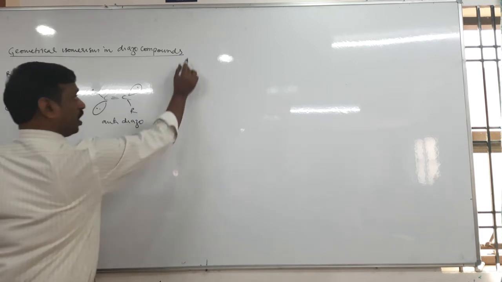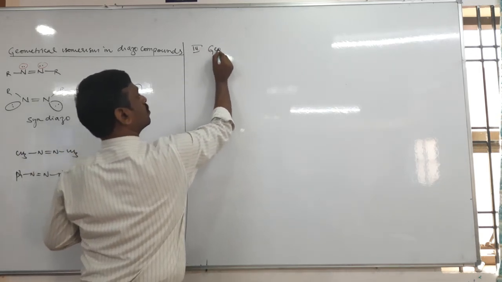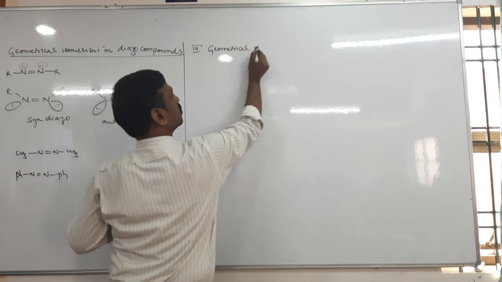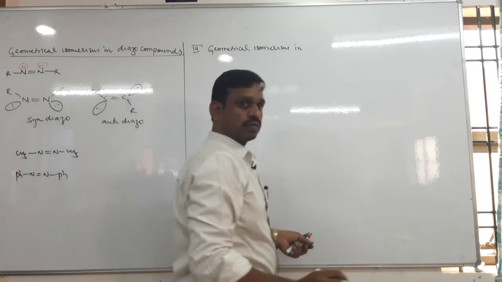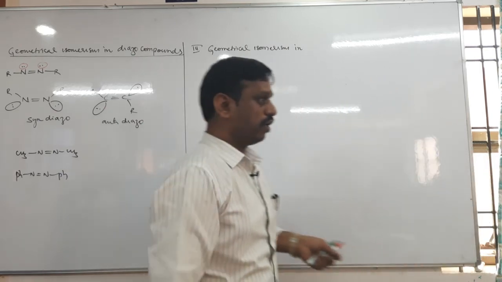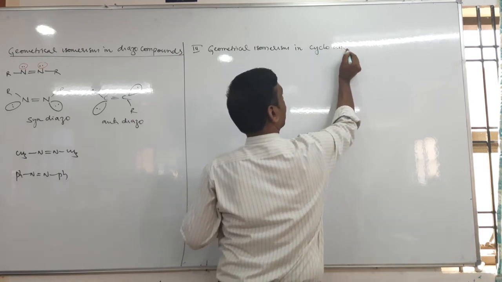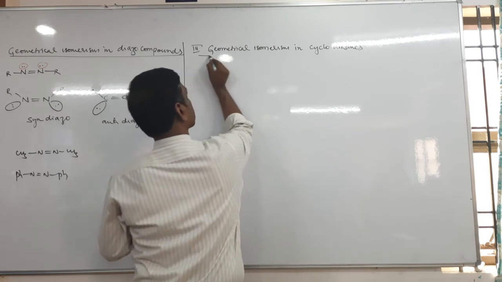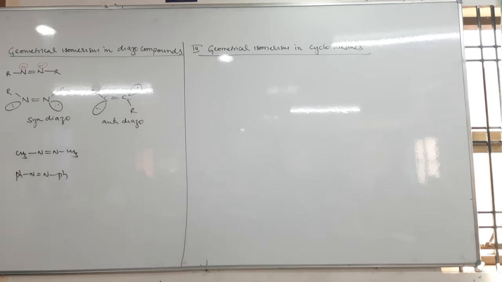Next, geometrical isomerism in which compounds? Cyclic compounds, right? Cycloalkanes.